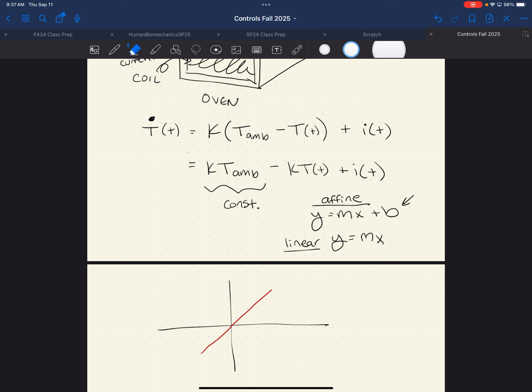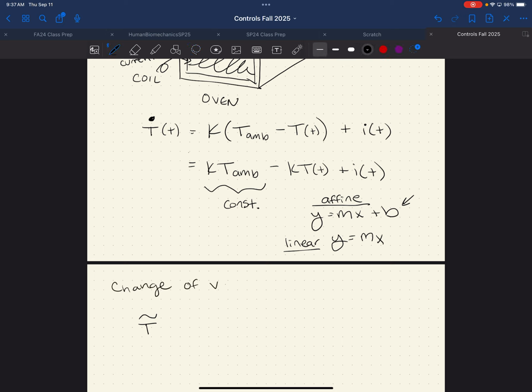Okay, so what I'm going to do is make a new T tilde term. Sorry, just going to say change of variables. I'm going to say T tilde is equal to T minus T ambient.